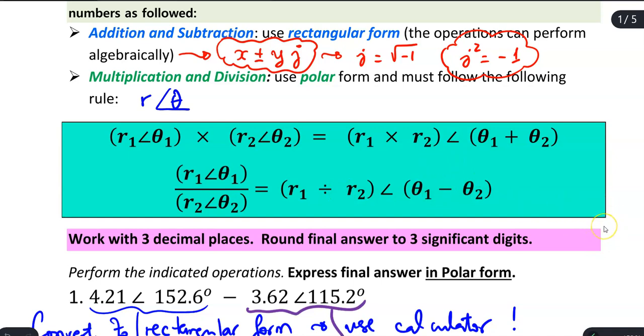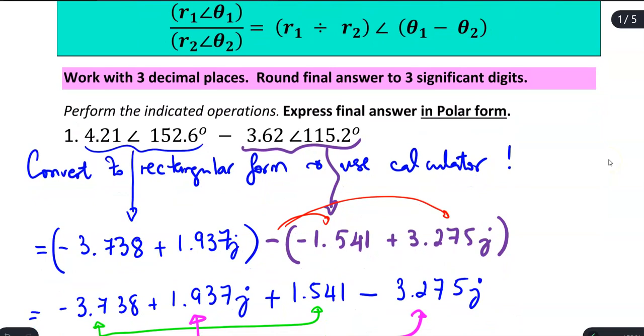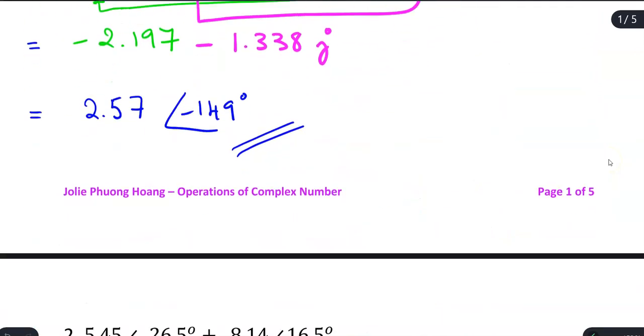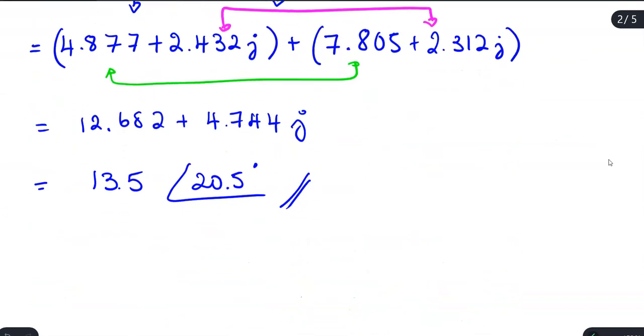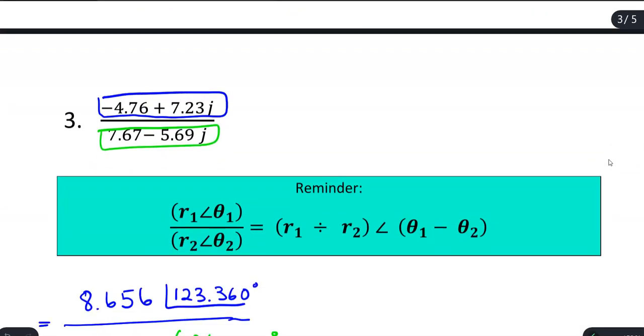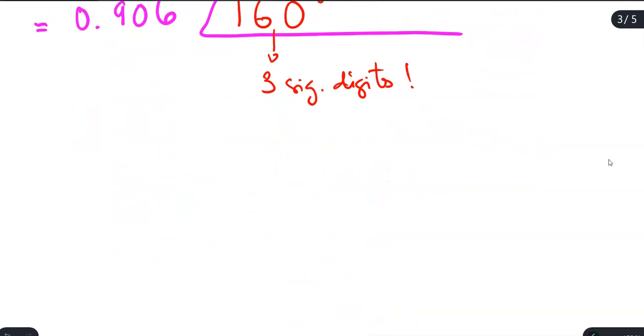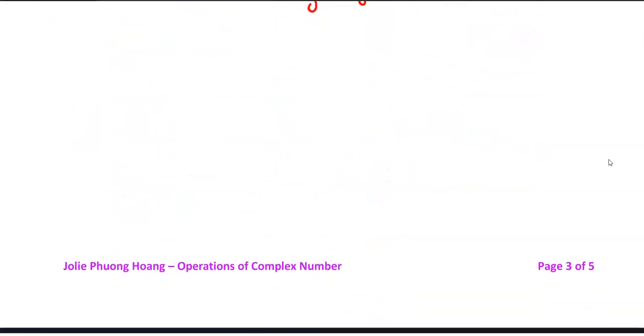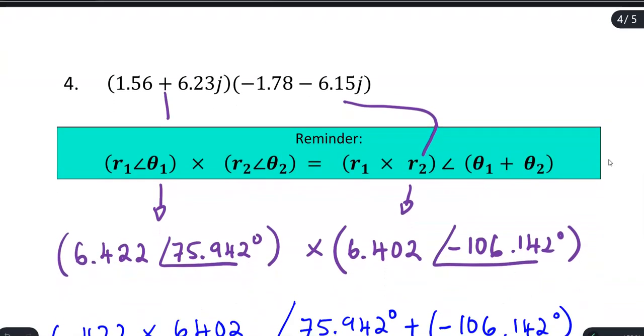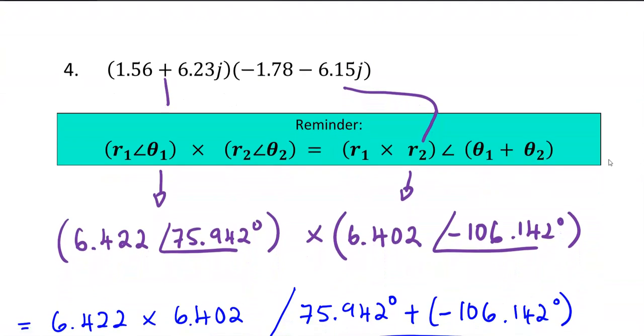I also would like to tell everyone that there are methods that you can use to multiply and divide complex numbers in rectangular form. However, they are not going to be covered in this video. Okay, so the purpose of this video is to lead to our next lesson, which is calculating the total impedance for AC RLC circuits.